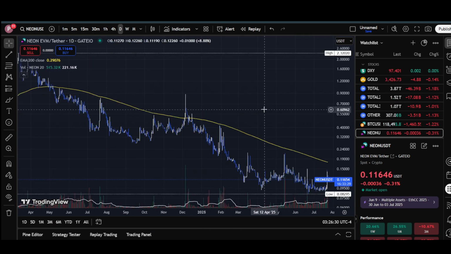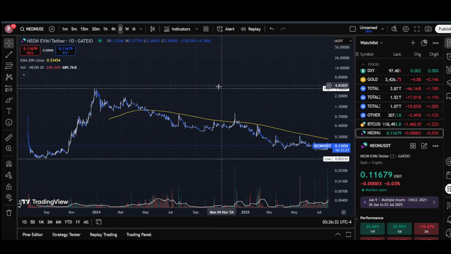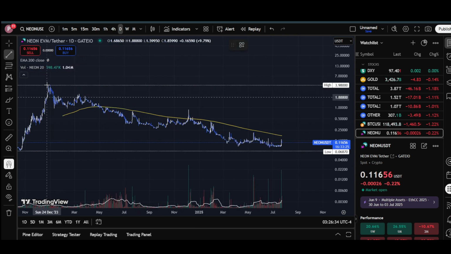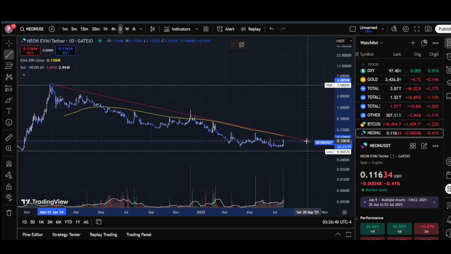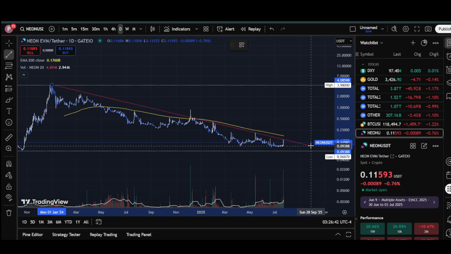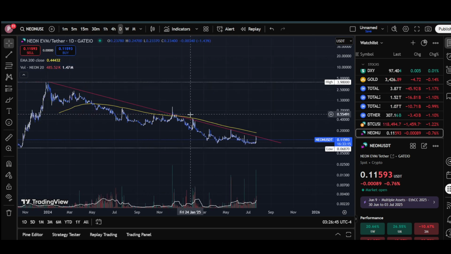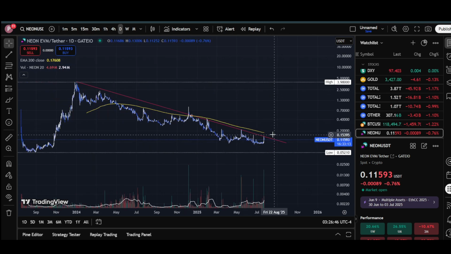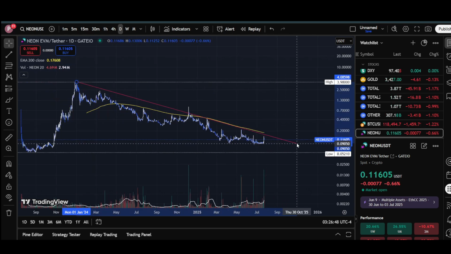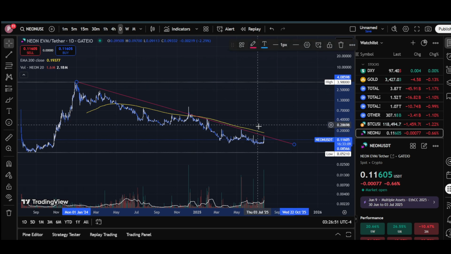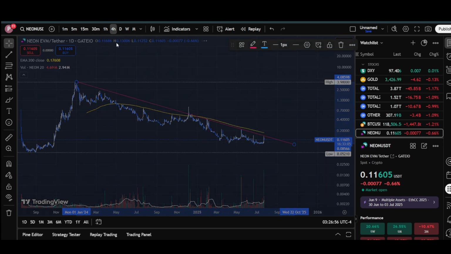But as of now, what we are looking at is a breakout. So if somehow it does break out, let's say it breaks above this downtrend, I think we can expect it to go as high as 50 cents, or even 21 cents is a possibility, or even higher if that happens.